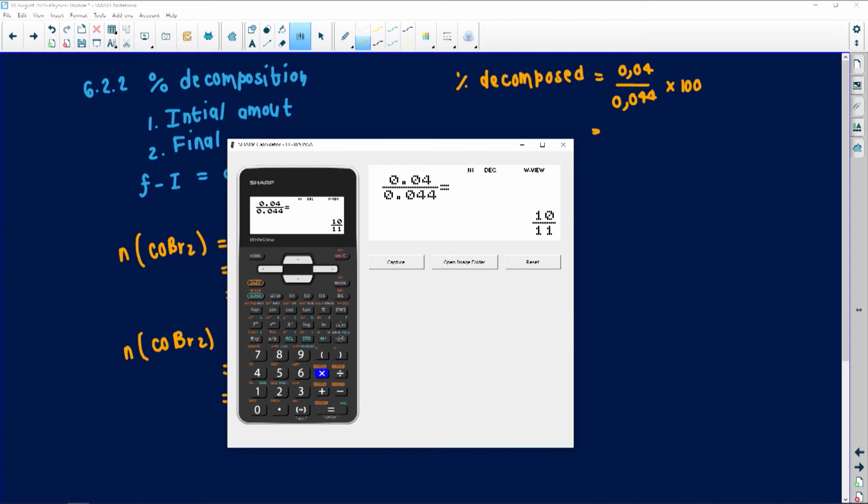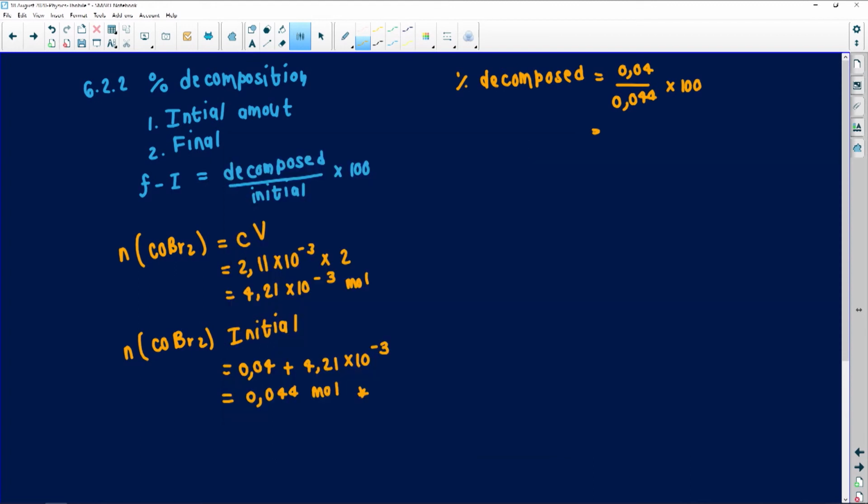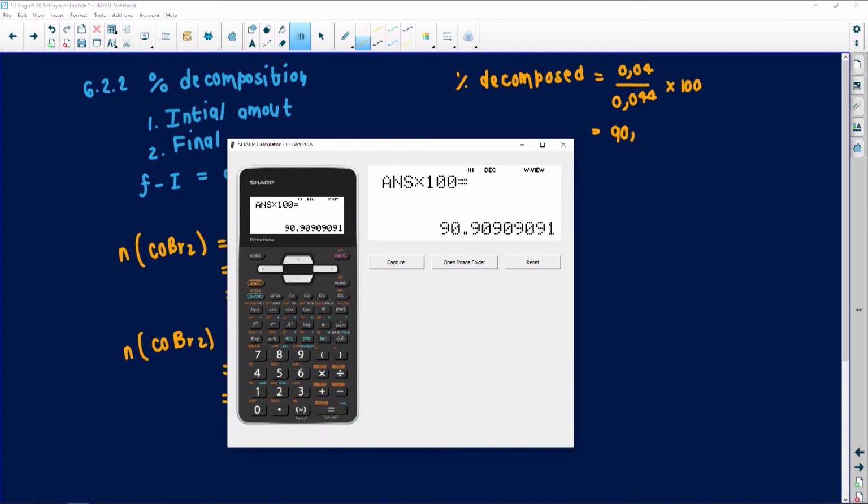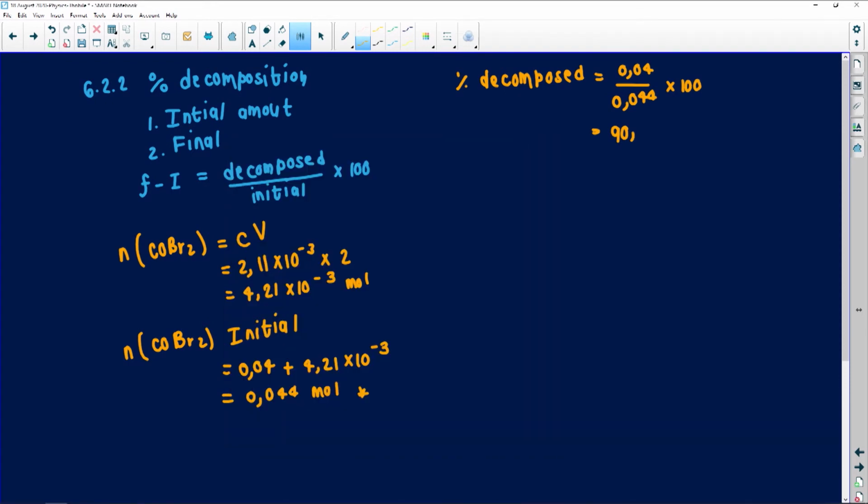And then times that by 100. So I get 90.91. Remember, this is a 9, it'll round off the 0 and change that to a 1. We usually leave our answer to 2 decimal places. So I will get 90.91. And remember, percentage means you need to have a percentage.